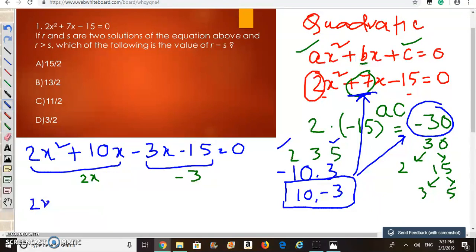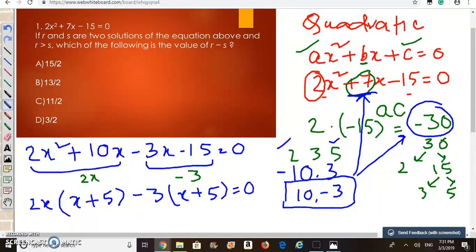So we can write 2x times x plus 5 minus 3 times x plus 5 equals 0. As you can see here, again we got x plus 5 terms which is common.